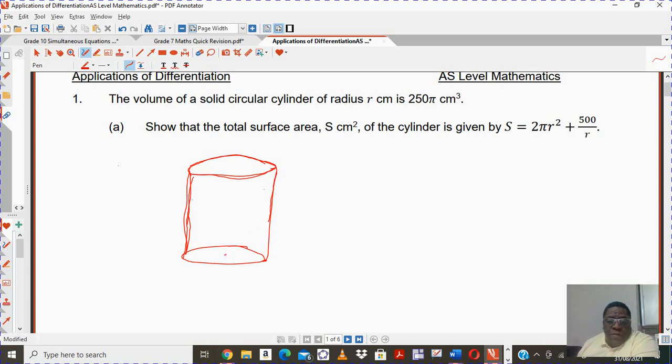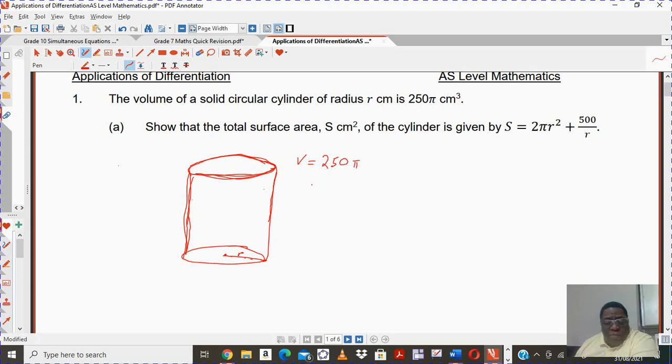The radius is r. The formula to calculate the volume, yes, so we know that the volume is equal to 250 pi. So that's the volume.